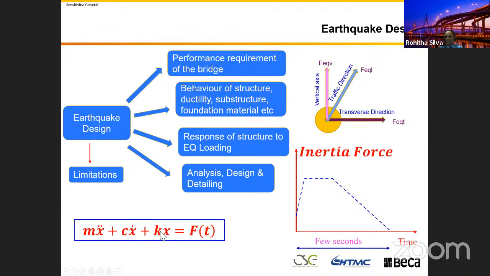The kx is the stiffness part, f(t) is the earthquake load. It's a time dependent load. We can solve this one. In the general equation, we divide this by m, then we call k over m w squared, and c over m is equal to, if I remember, 2 beta w.